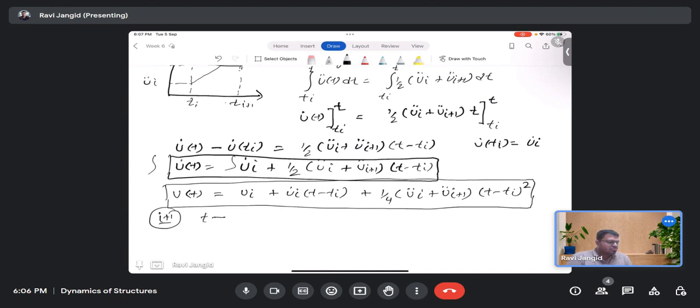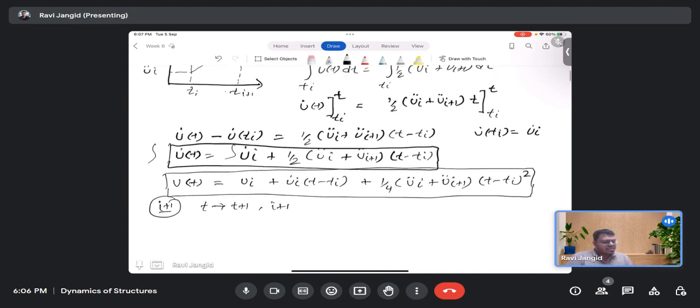So at ti plus 1, that equation becomes u dot i plus 1 is equal to u dot i plus 1 by 2 u double dot i plus u double dot i plus 1, and then t is ti plus 1, so I can write delta t as ti plus 1 minus ti, which becomes delta t.